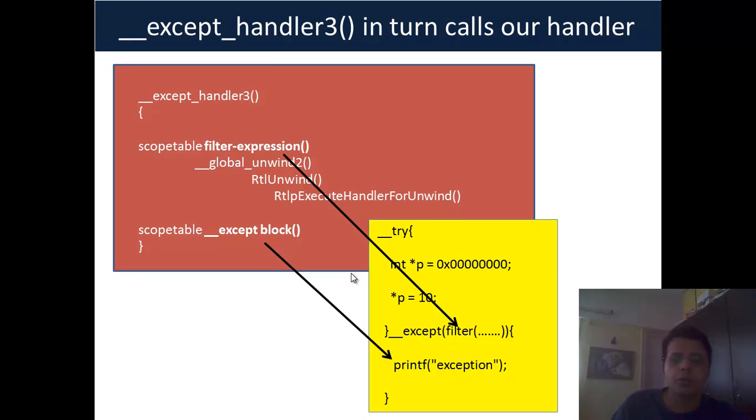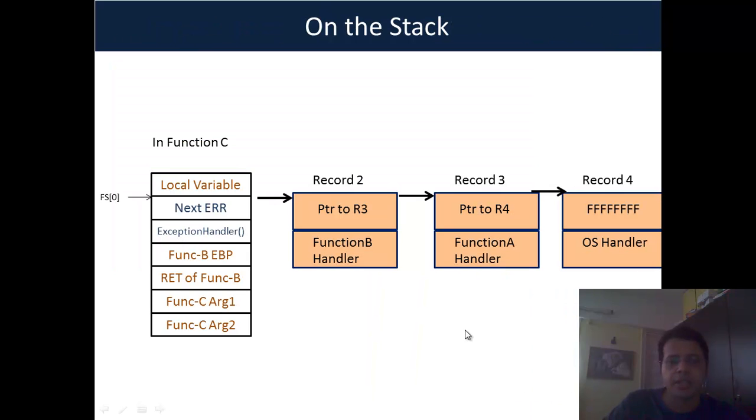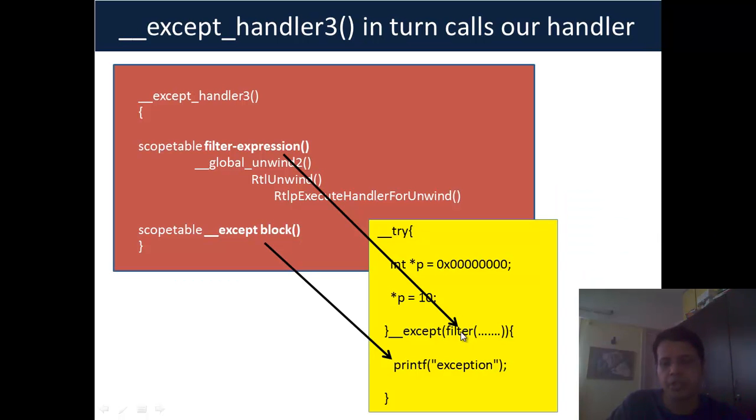So basically, this filter function is what the exception handler is. This exception handler 4-byte pointer points to the filter expression code which we mention within the except statement. This is very important. Please note that.